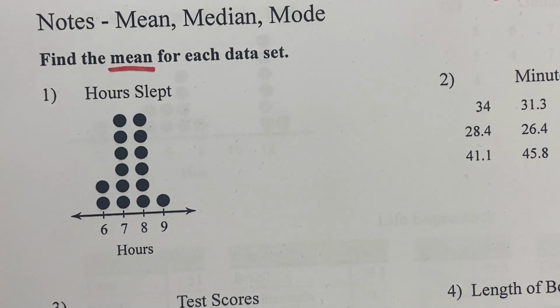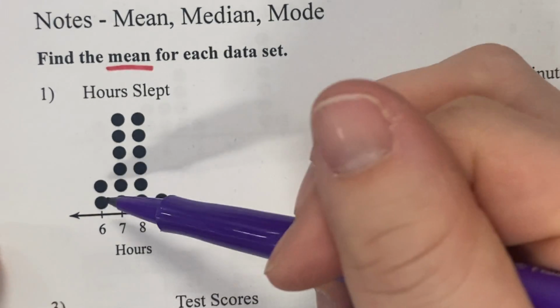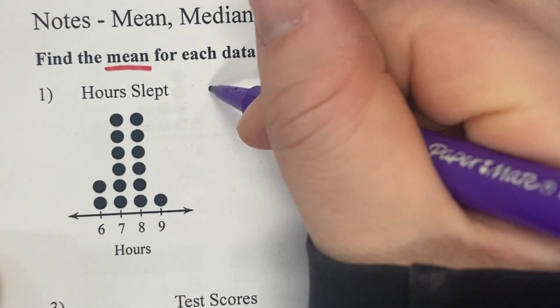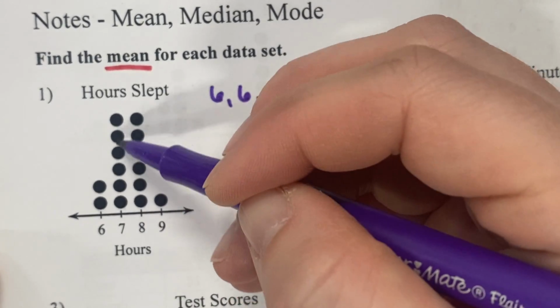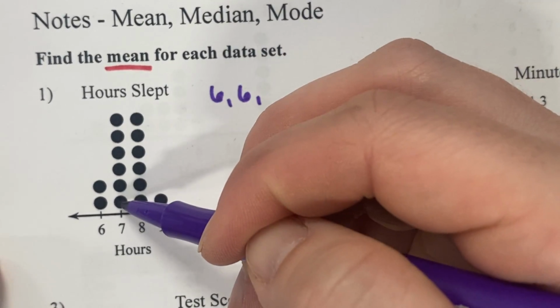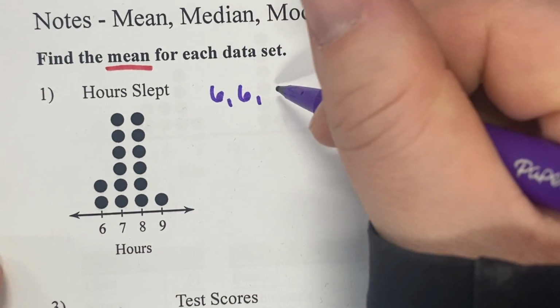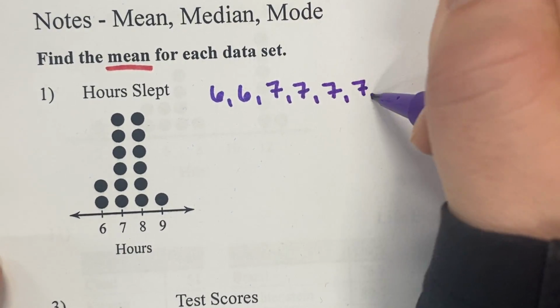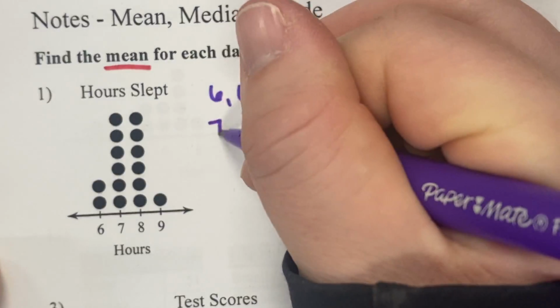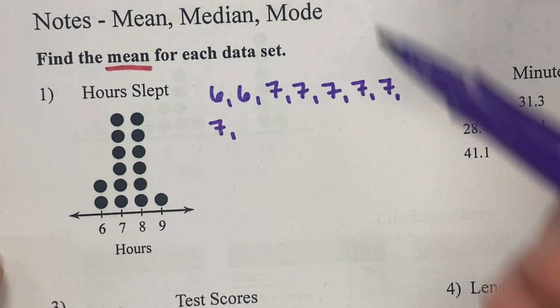I have 2 6s. I have 1, 2, 3, 4, 5, 6 7s. Let's double check that. 1, 2, 3, 4, 5, 6 7s.